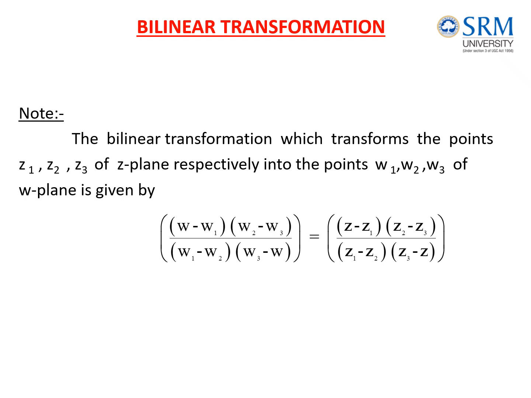Whatever you write in terms of w on the left hand side, similarly write on the right hand side in terms of z: (z minus z1) into (z2 minus z3) divided by (z1 minus z2) into (z3 minus z). For examples with 3 points, this note will be useful.